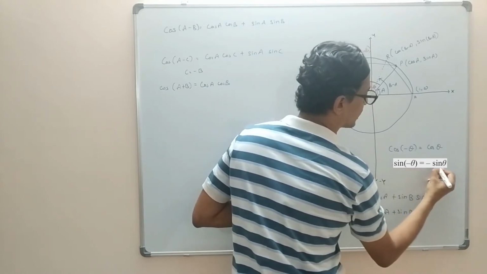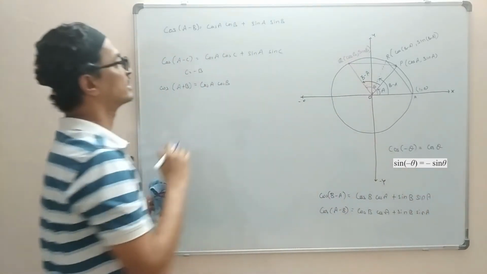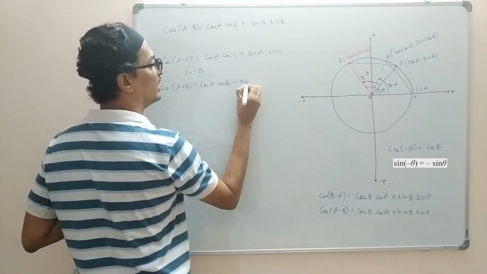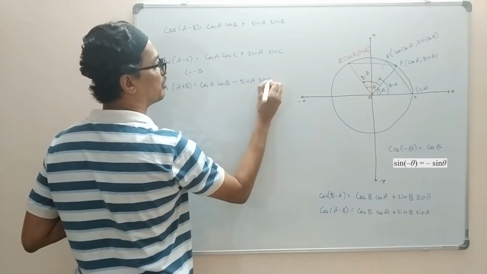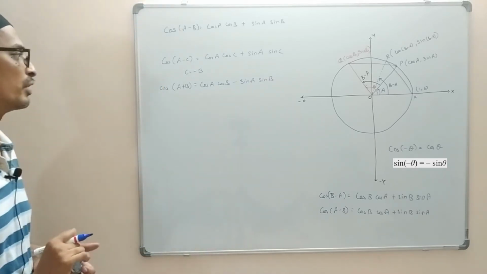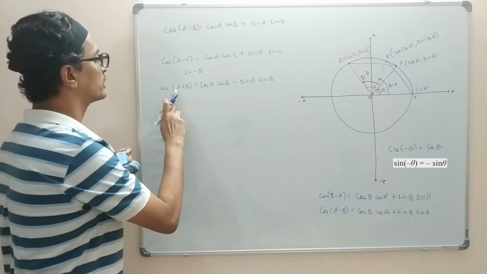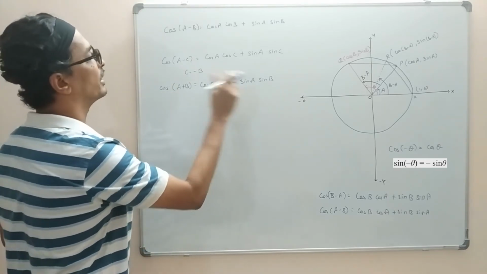Minus sine theta. So this will be minus sine A sine B. So we got a relation for cos(A plus B) equal to cos A cos B minus sine A sine B.